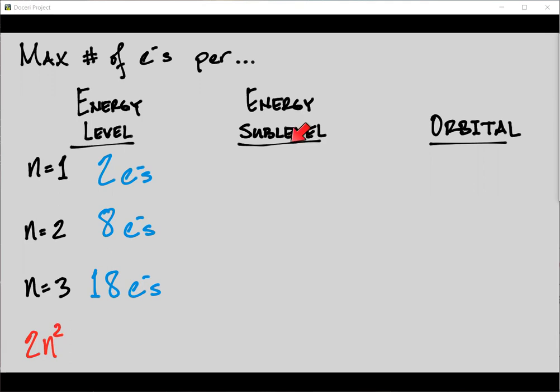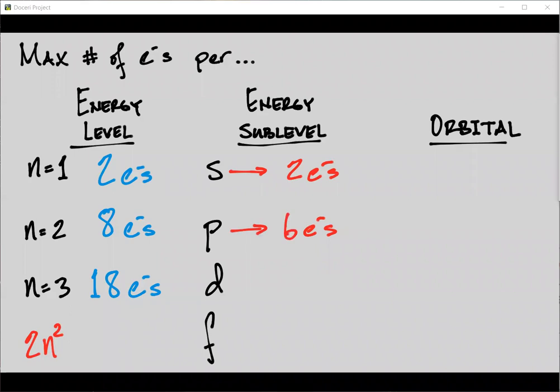For the energy sublevel, it will depend on what sublevel you have. So these are the energy sublevels: s, p, d, and f. The s sublevel can only hold a maximum of 2 electrons. The p sublevel can hold a maximum of 6 electrons, the d sublevel 10, and the f sublevel 14.